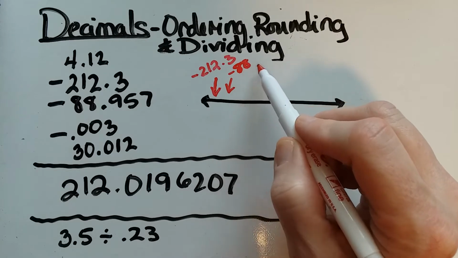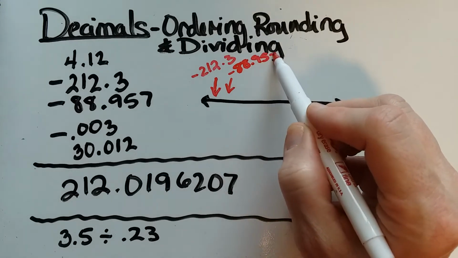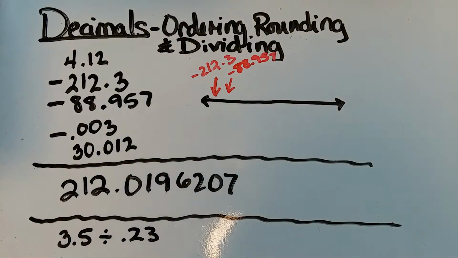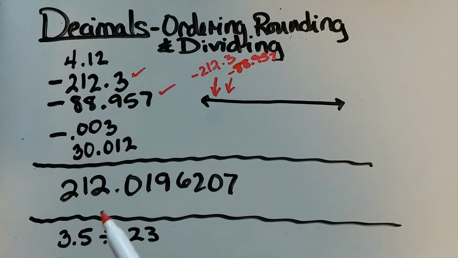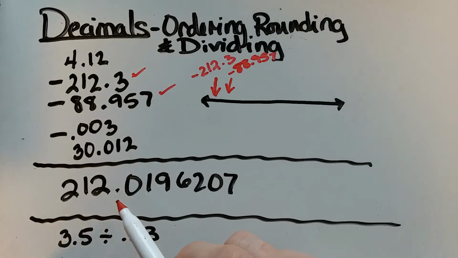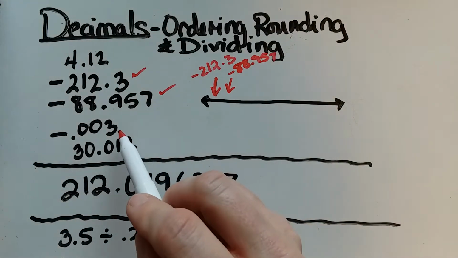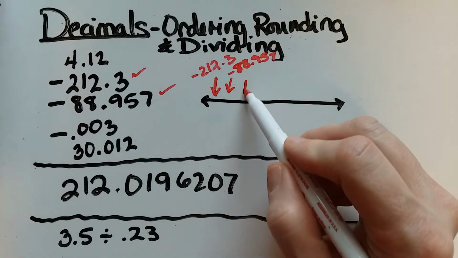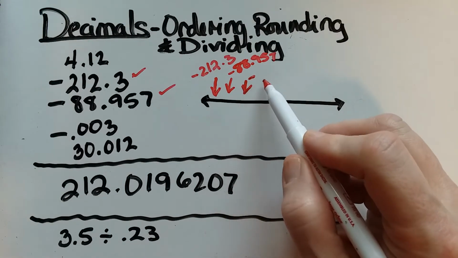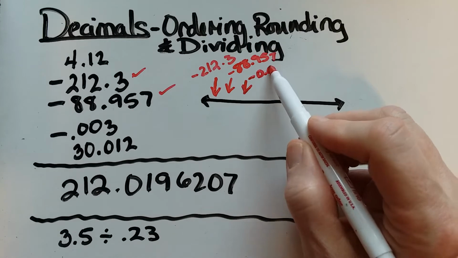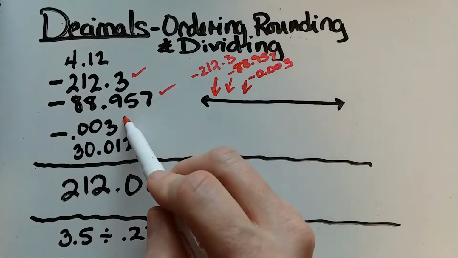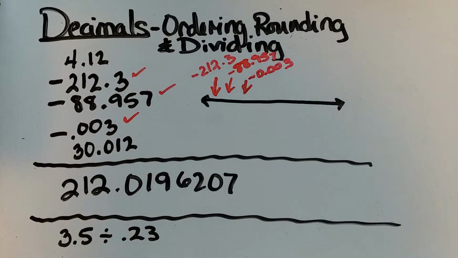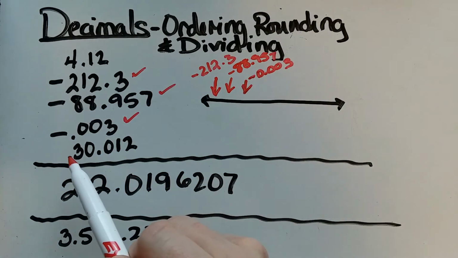So this 957 is going to be the next least. So let's make sure that we're being organized about looking at this. The last of the negative numbers we know is going to be negative 0.003.